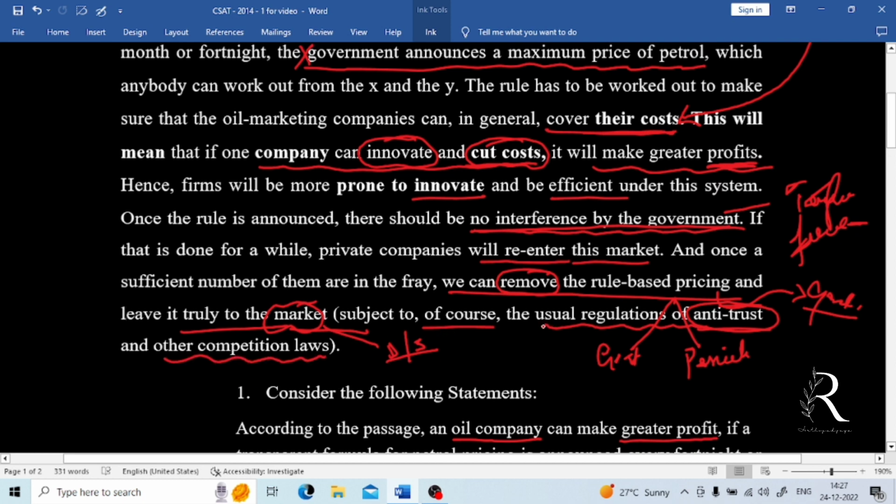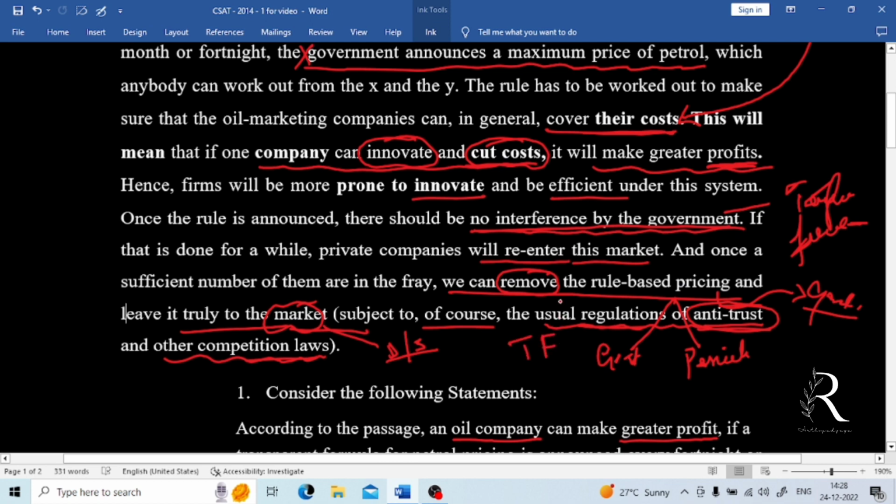So, which means the true market is going to decide the real prices of petrol, based on a few things, that is antitrust, regulations and competition laws. Right? These all put together is the proper formula, the transparent formula.